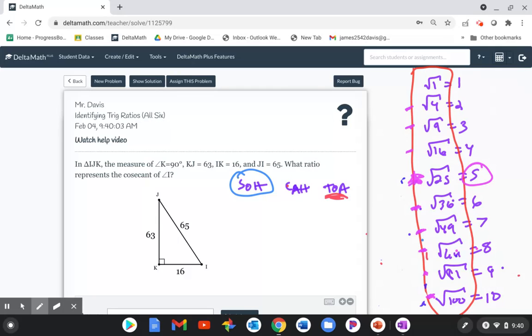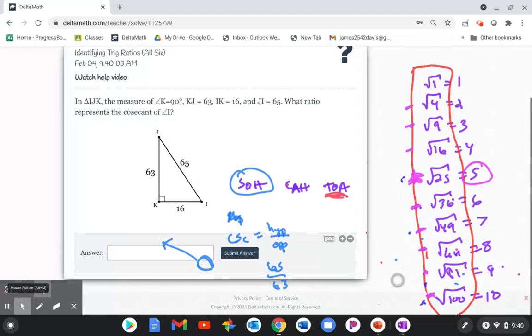All right, so we want the reciprocal of sine. So we want the cosecant, which is the hypotenuse over the opposite. All right, and then we're talking about angle I. So angle I is here. The hypotenuse is 65, and opposite of angle I is 63. So 65 over 63.